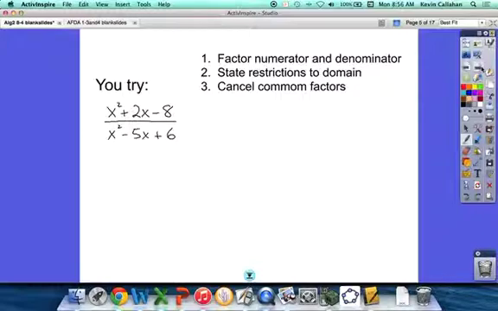The factors of negative 8 that add up to 2. Negative 4 plus 4 is 2. Negative 4 times 4 is negative 8. Get it?